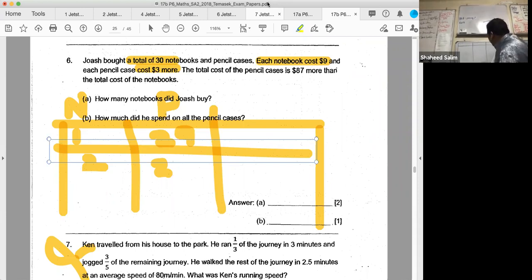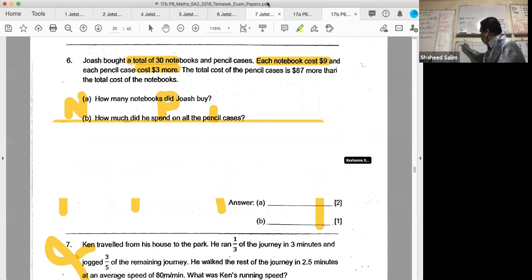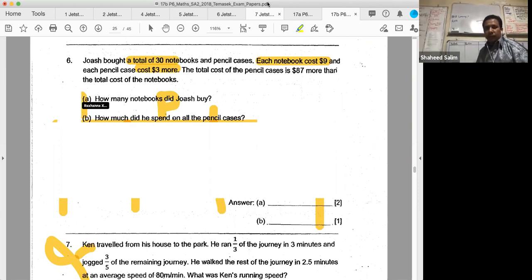So this is now notebook. That's pencil case. And then minus, is it?